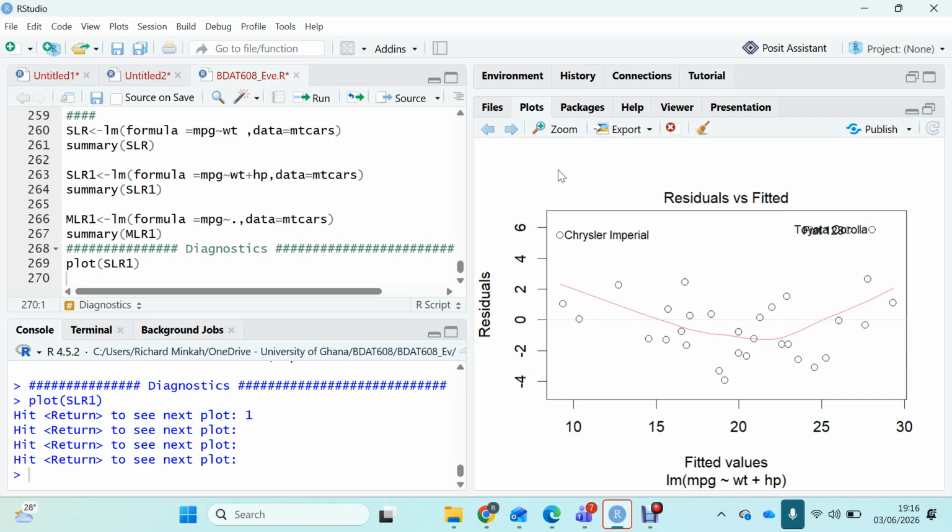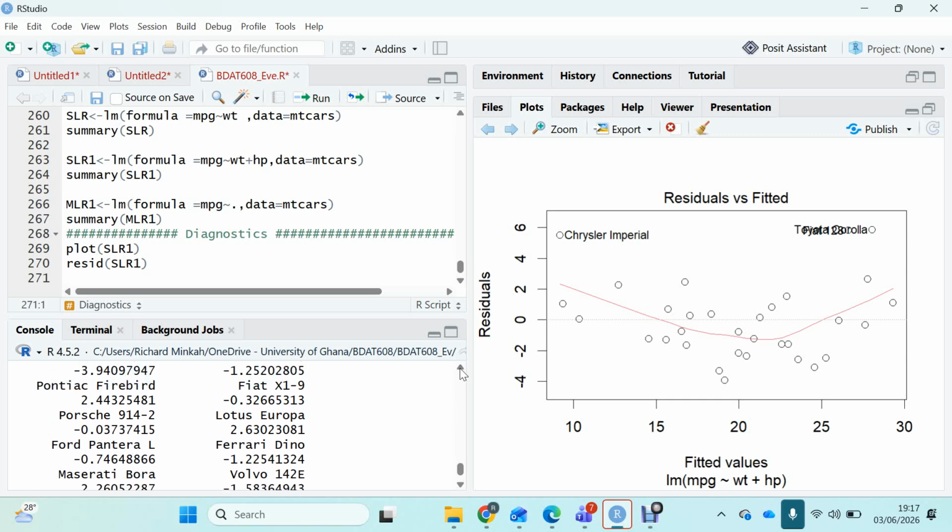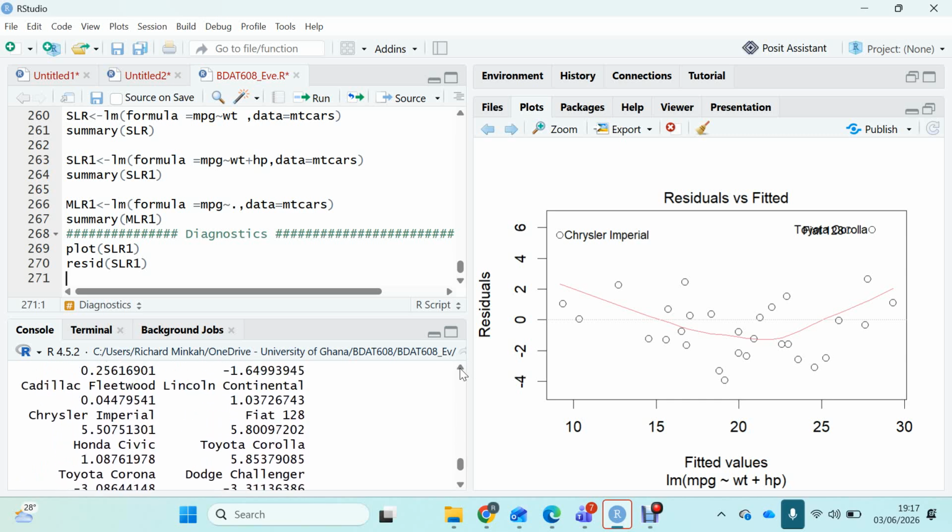The weight and the HP alone. So those are some of the things you need to consider. With fewer variables, we achieve efficiency as compared to the one with plenty of variables. And mind you, there are cost implications and a whole lot.